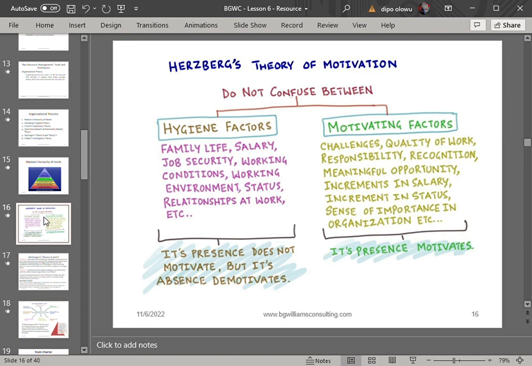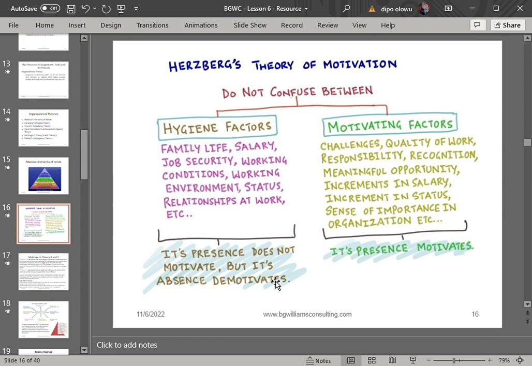So you can't say that because we did not have AC, I will not do my work. So those kinds of things we refer to as what? Hygiene factors, which simply says that the presence does not motivate, but if it is not available, it goes further to demotivate you. Like the working condition. Oh, you don't have the best facility to work.